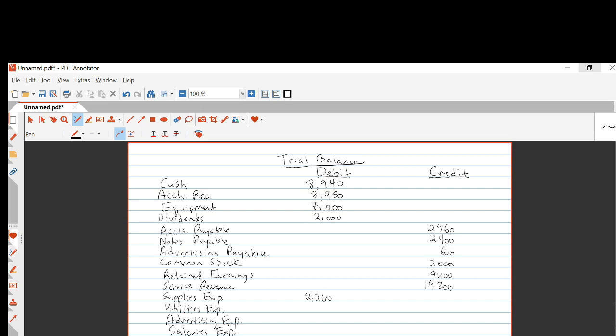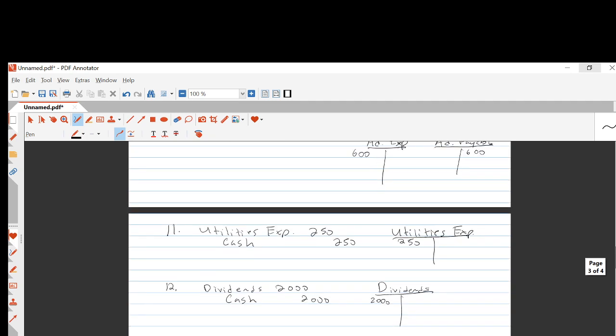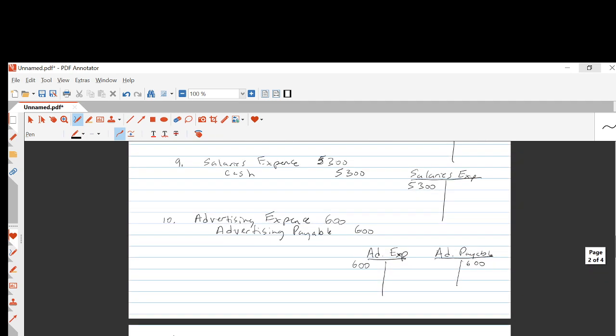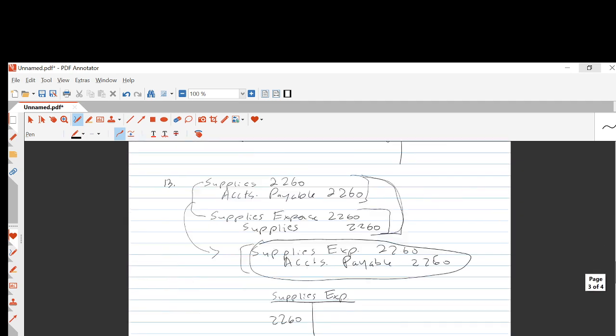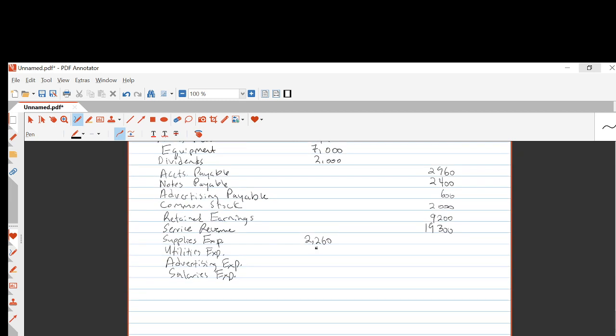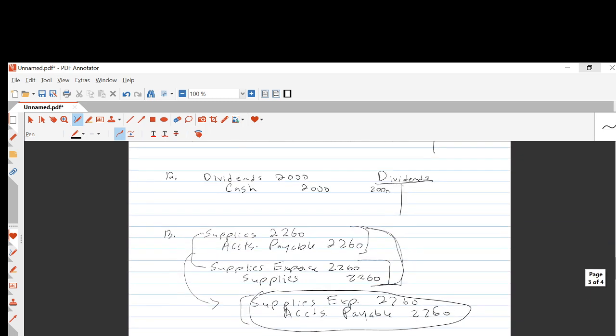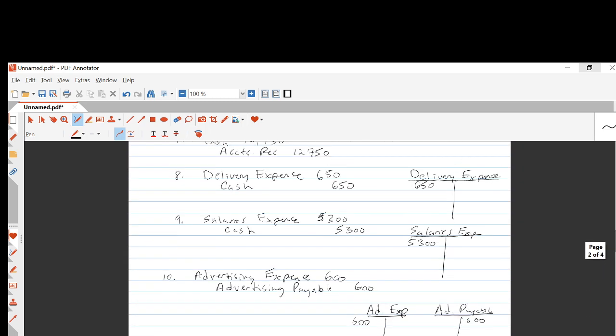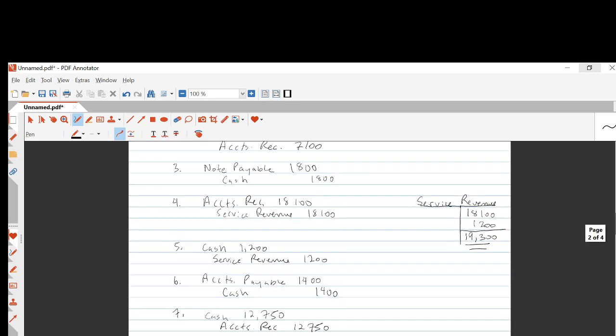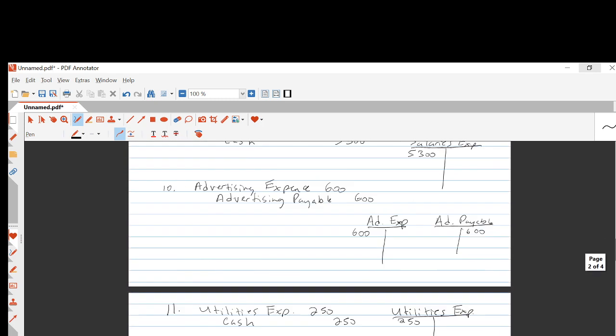All right, let's go and get the numbers. Utilities was 250. Advertising was 600. Salaries was 5,300. Were there any other expenses? Let's see. Delivery expense 650 and rent expense 510.